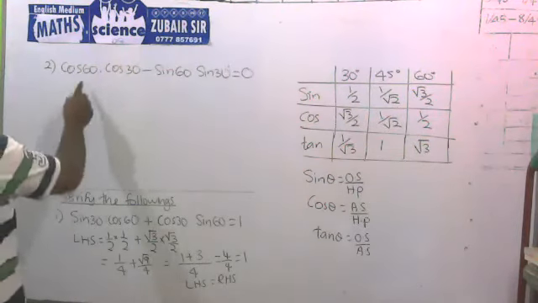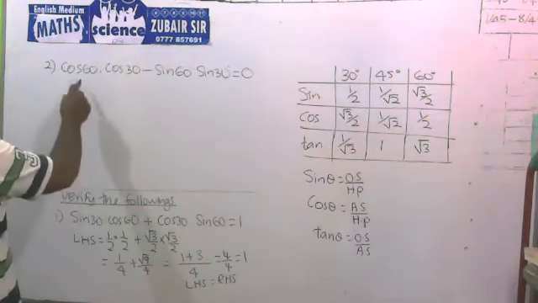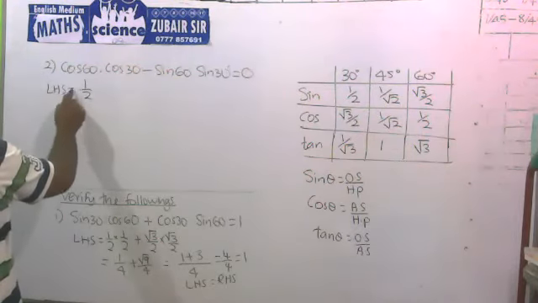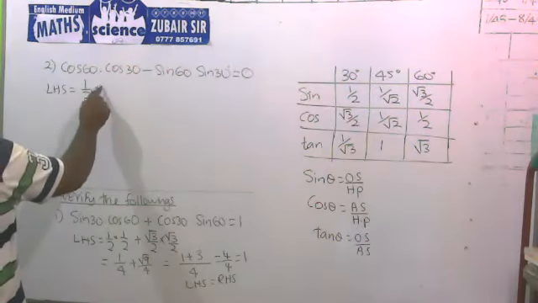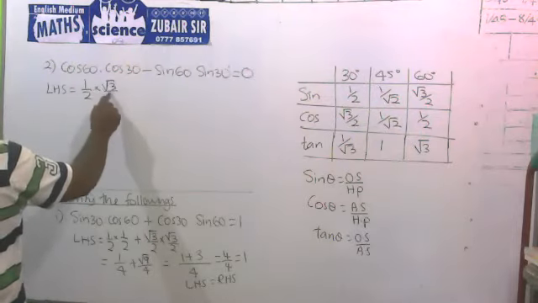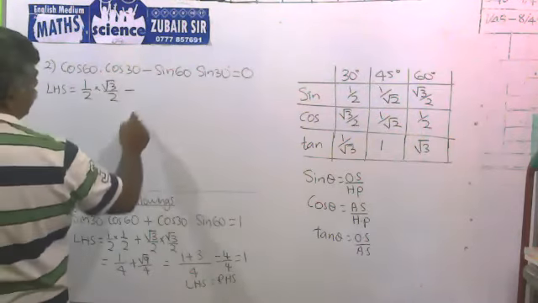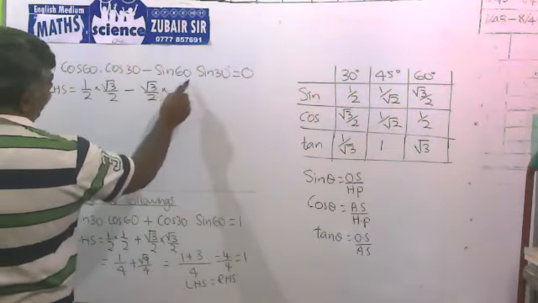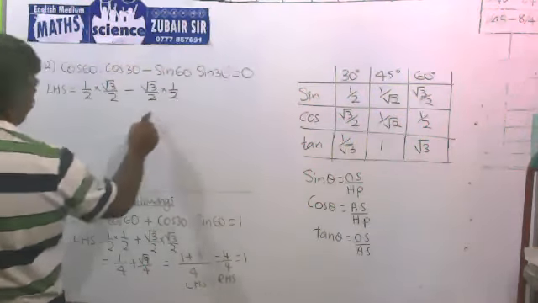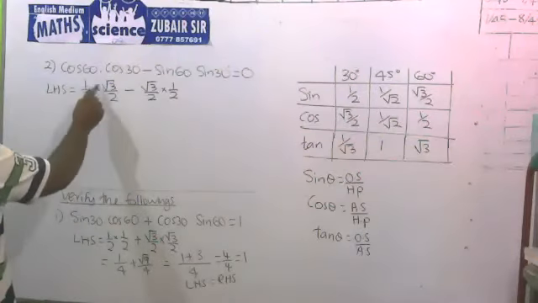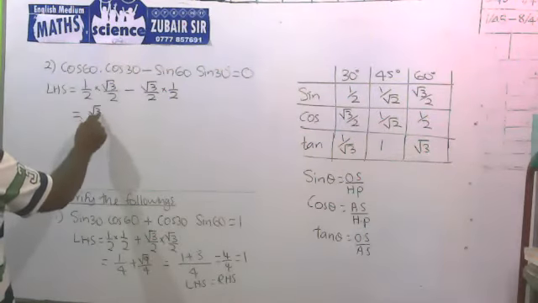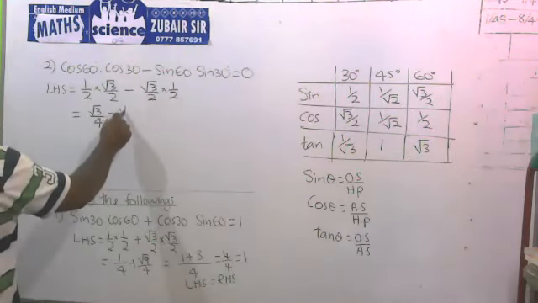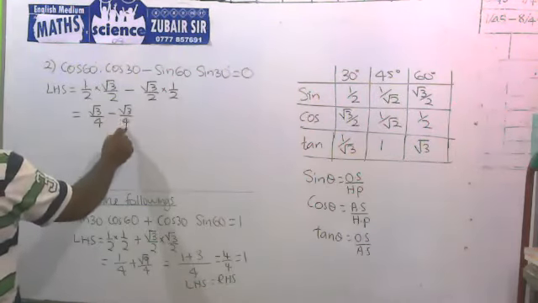Then see, cos 60 is half in the LHS. Cos 30 is root 3 over 2, minus sine 60. Sine 60 is root 3 over 2 into sine 30 half. Then here 1 into root 3 over 4. Here minus root 3 into 1, root 3 over 4.